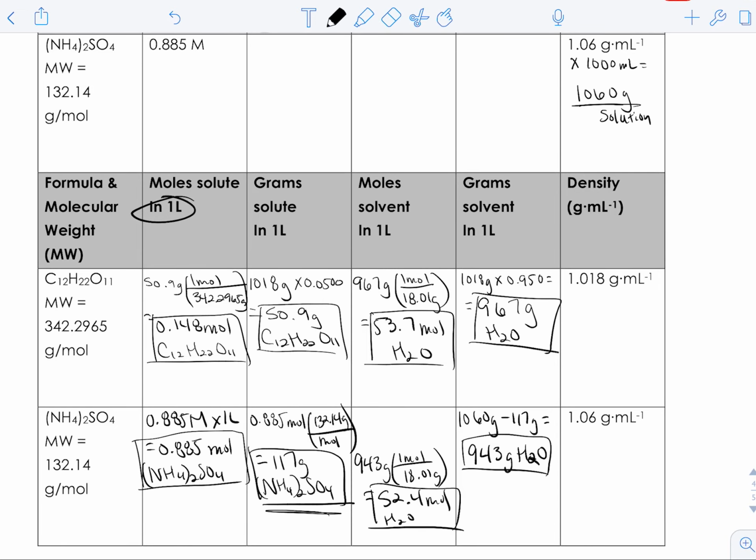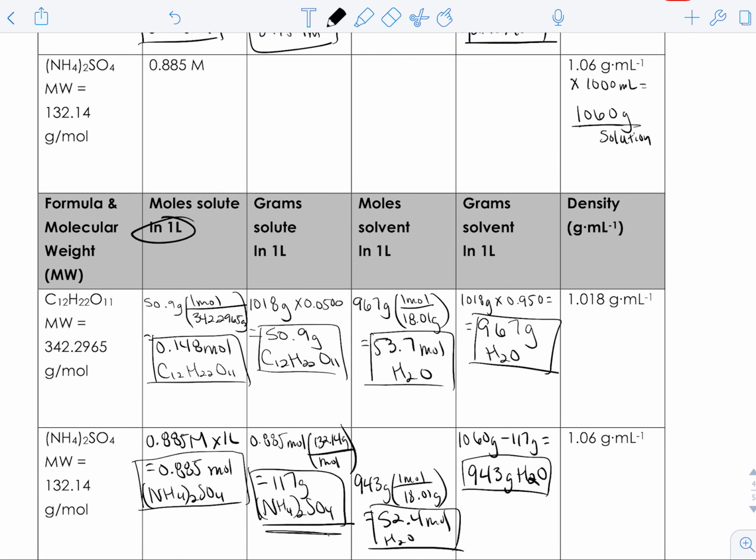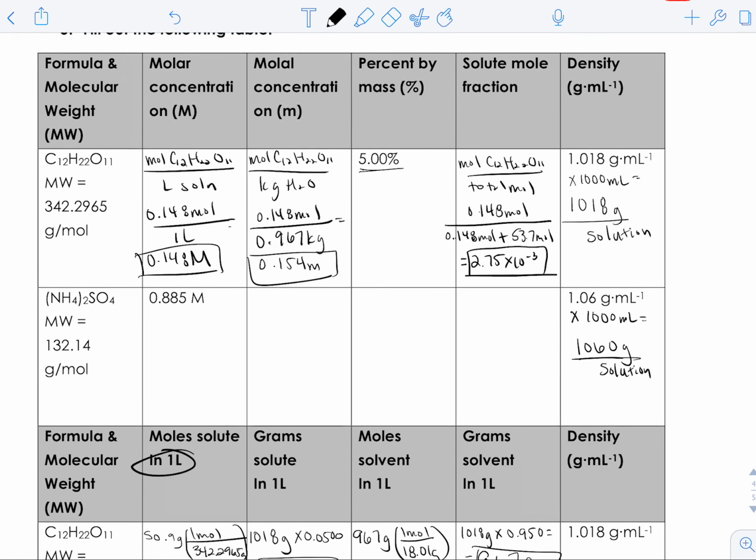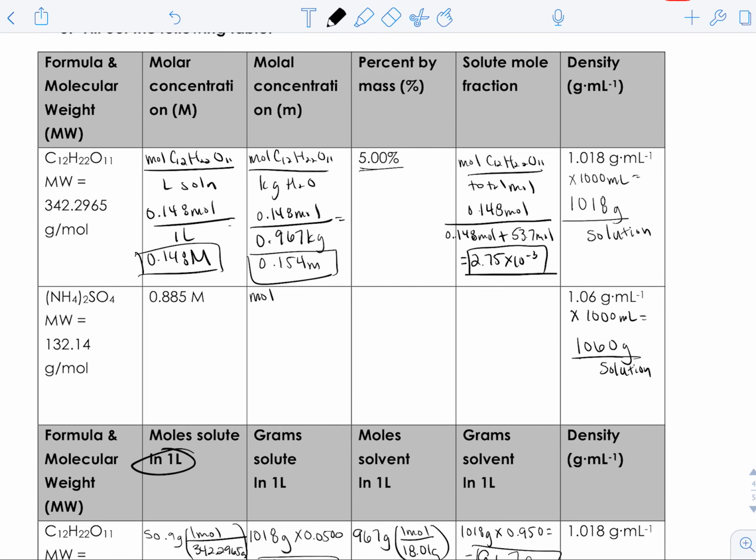And now again, we have everything we need to solve our different concentrations. So our first one is molal concentration. So this is going to be moles of ammonium sulfate divided by kilograms of water.